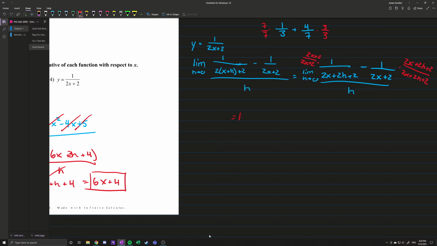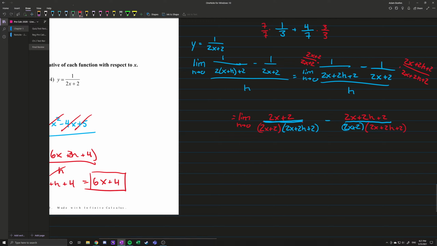And we're going to get the limit as h approaches 0 of 2x plus 2 over 2x plus 2 times 2x plus 2h plus 2, minus 2x plus 2h plus 2, over 2x plus 2 times 2x plus 2h plus 2.